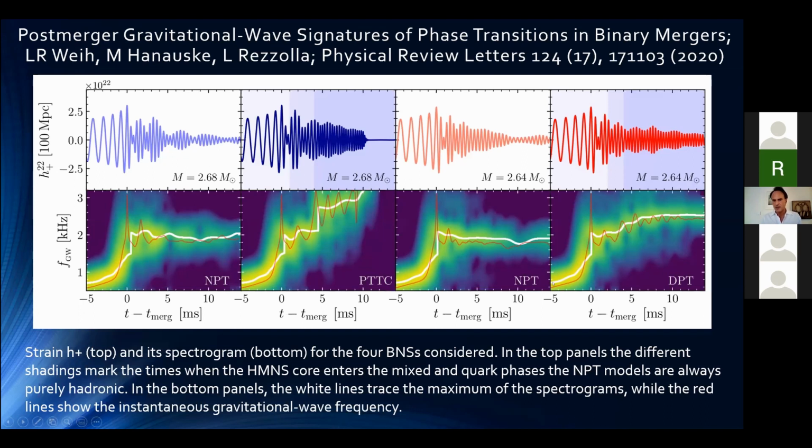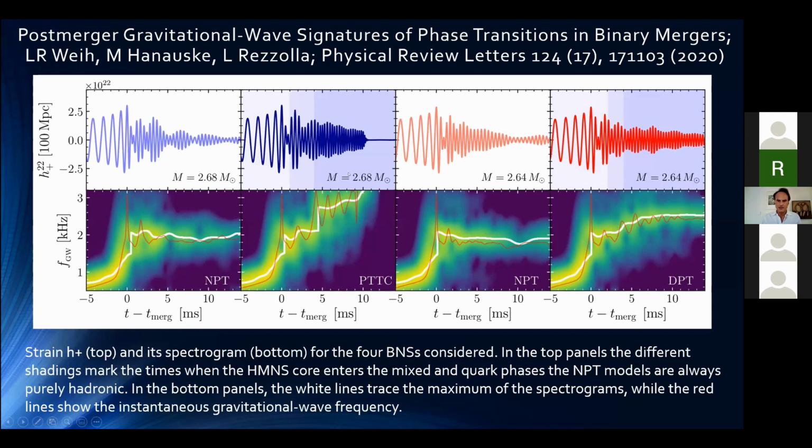At the beginning they are the same, but when they enter this collapse to a smaller hybrid star, the star speeds up, and as a result the gravitational wave frequency also gets higher.